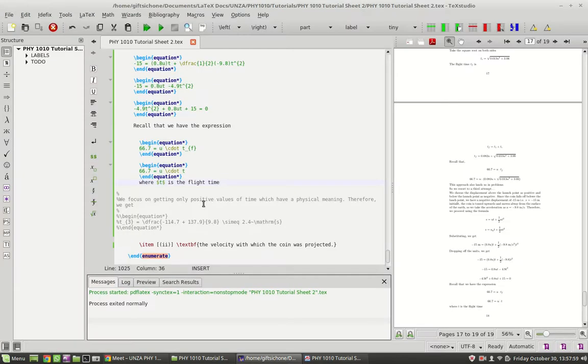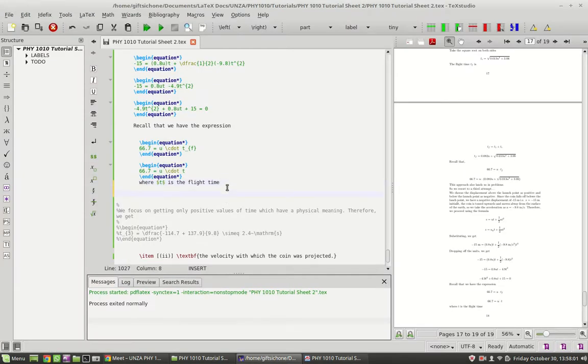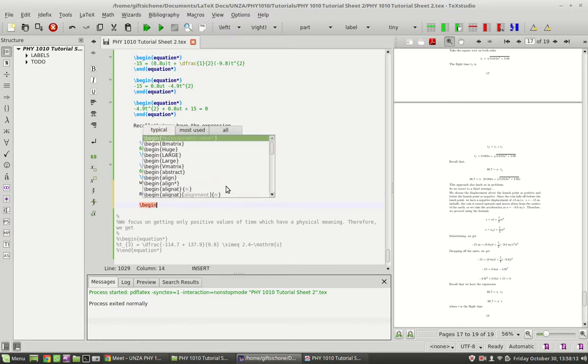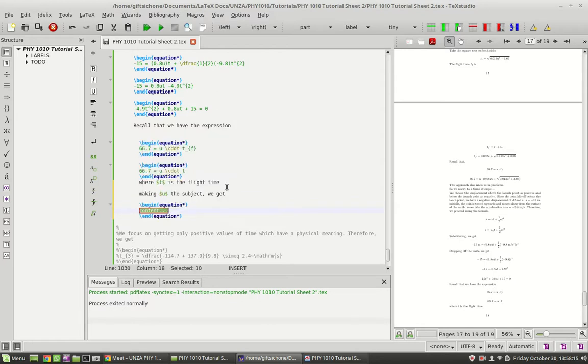So in this case, making u the subject, we get the equation u is equal to 6.7 divided by t.